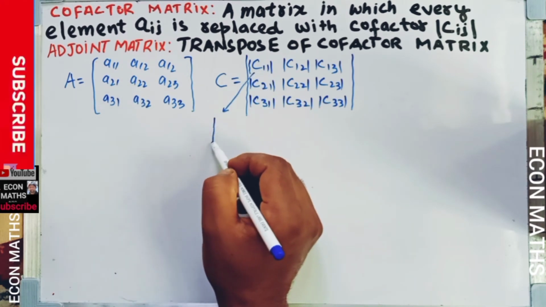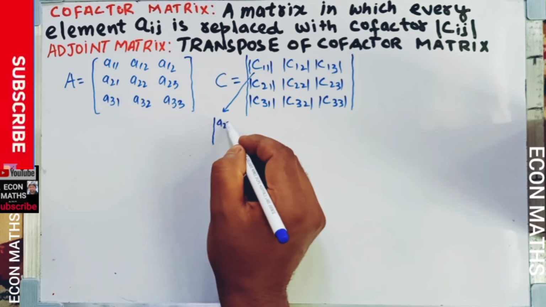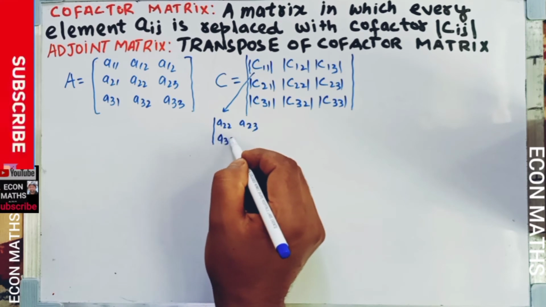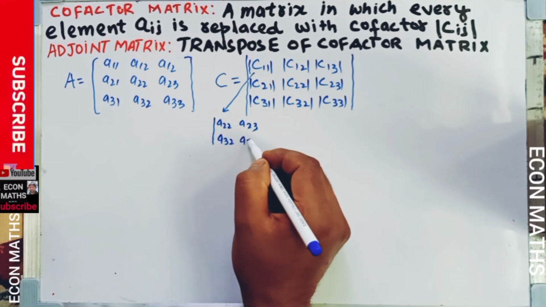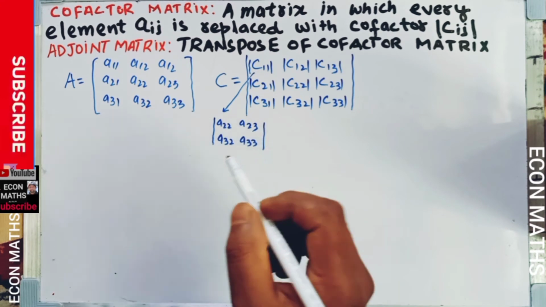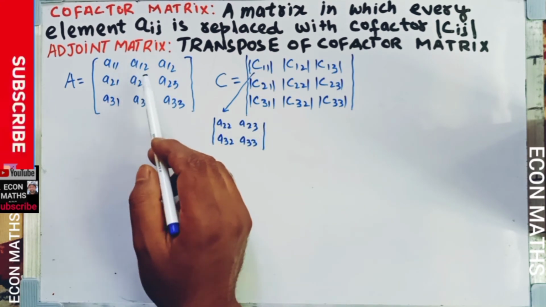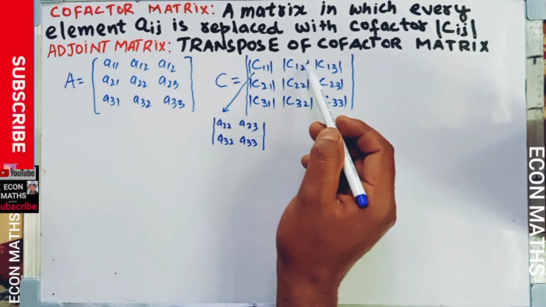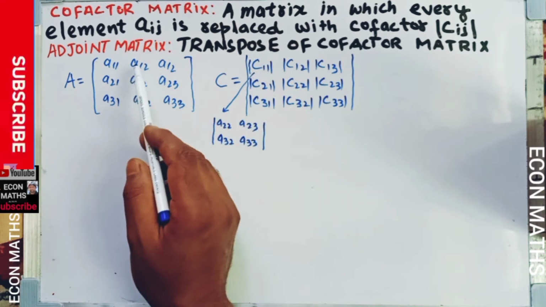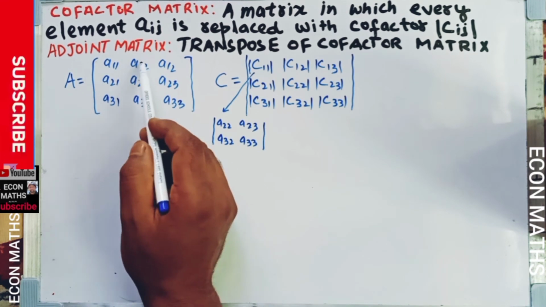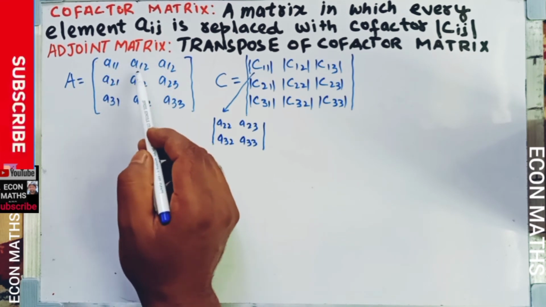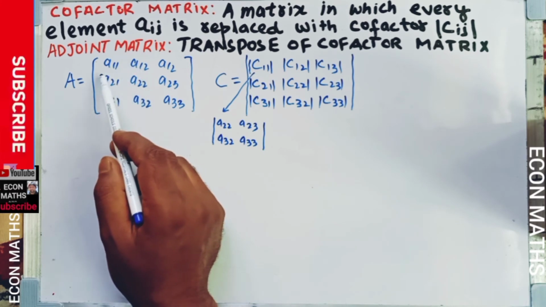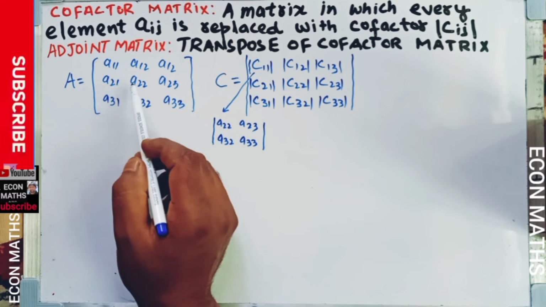This is the determinant of A22, A23, A32, and A33. Similarly, this A12 is replaced with its cofactor, that is C12. Now for the cofactor of A12, we mentally delete the row and the column in which this element appears and form a new subdeterminant of the remaining elements.